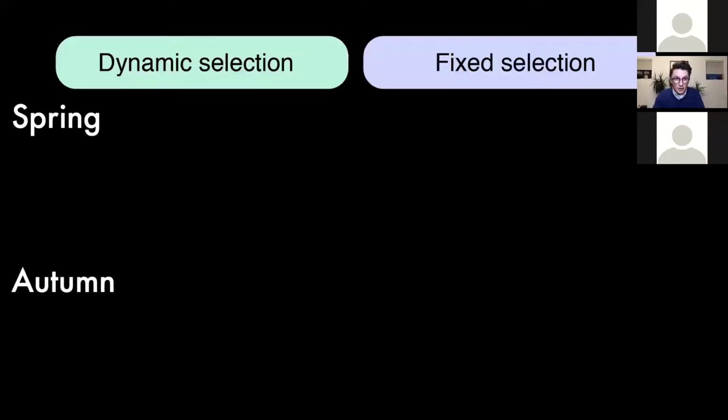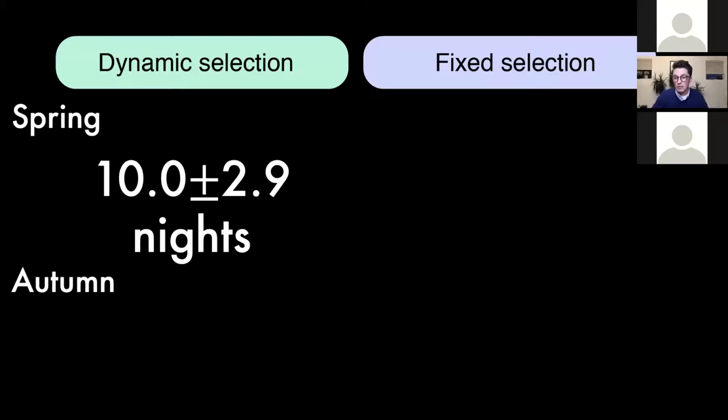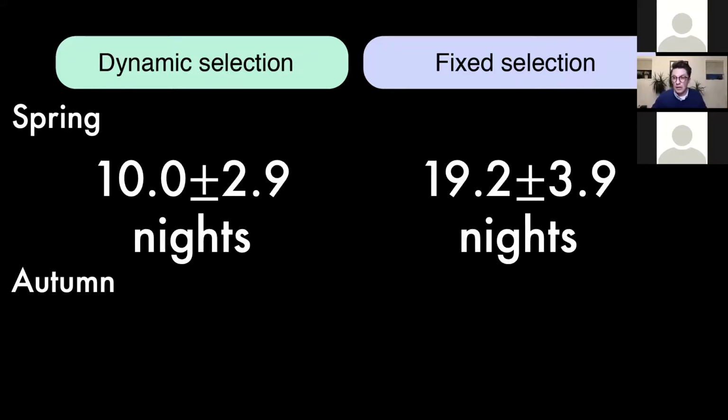So when we look at this dynamic selection, again, these are averages across the United States. It takes around 10 nights to capture 50% of migratory birds. That's how I'm going to just play this game here: 50% of birds being quote unquote protected. If we do this fixed selection thing, right, we just say turn off your lights for a fixed period of time. It takes around 19 nights to capture 50% of birds because it's not very efficient, right?